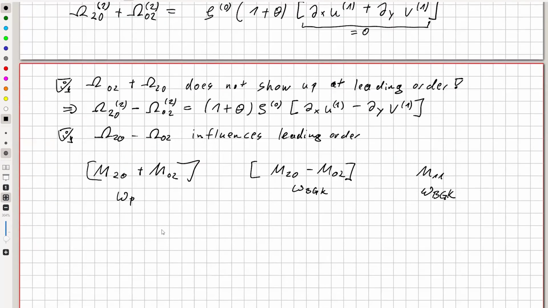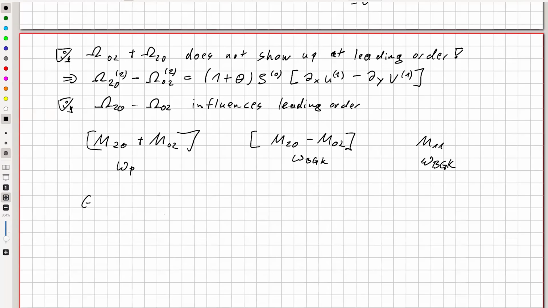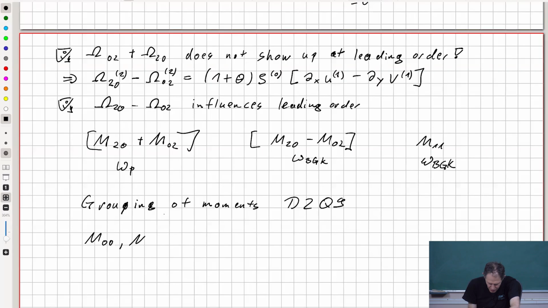So let's see what other moments we have, and let's do some grouping of the moments for the D2Q9 lattice. There we obviously have M00, M10 and M01. These are the conserved moments.